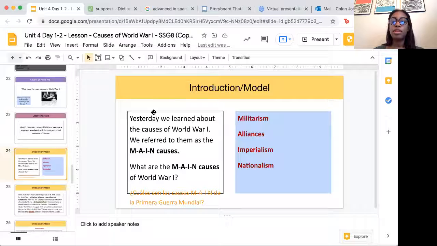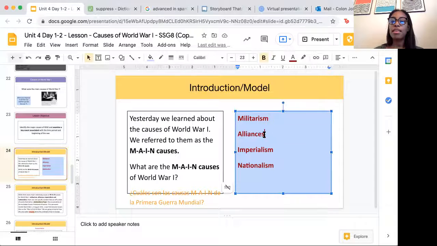So in day one, you explored the main causes. So if you remember, you have militarism, alliances, imperialism, and nationalism. When you think of these, can you think of a visual representation or an image? Does something come to mind? You can draw it.